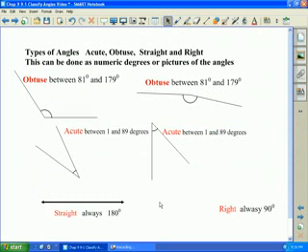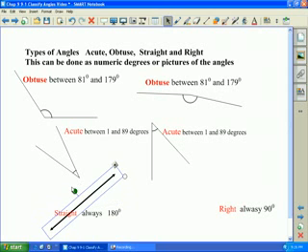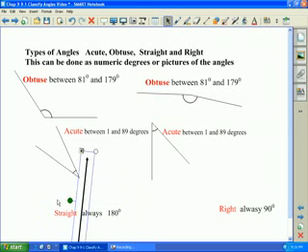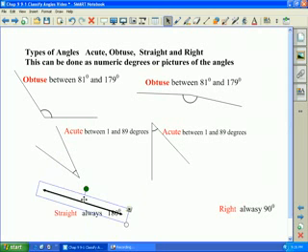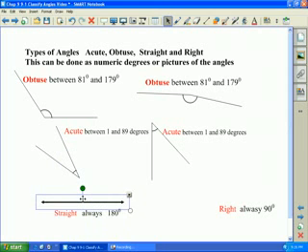Straight angle, no matter which way we turn it, it's going to be a straight line. So even if this was on an angle inclined up, or even if it was perfectly straight going up and down, like the axis we see on graphs, we have a straight angle, a straight line, and it's 180 degrees.